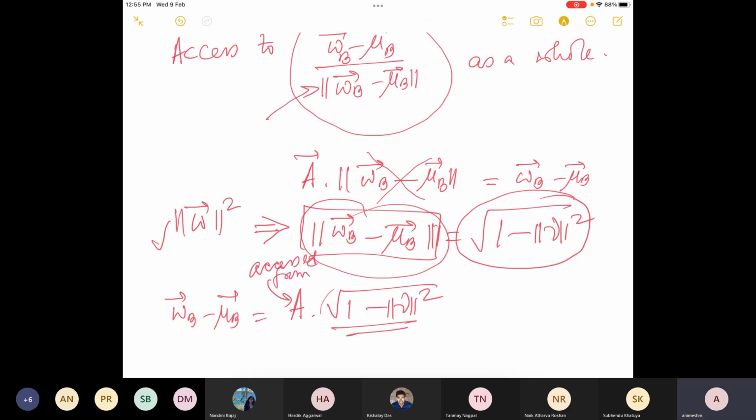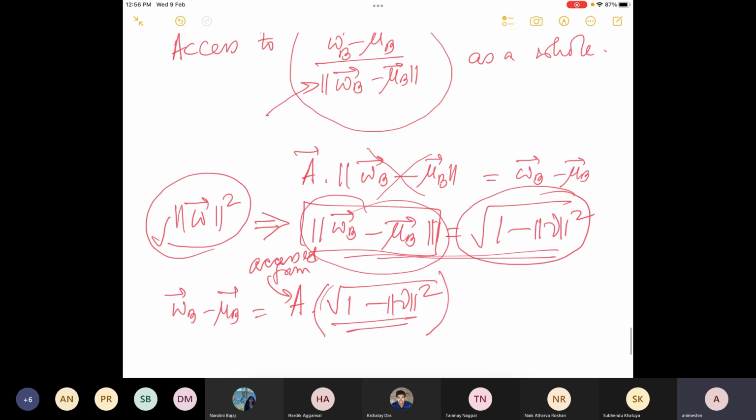So I have access to only the normalized vector. I do not have access to what it is getting normalized with, and I do not have access to the original vector. So the way to recover the original vector from the normalized vector is to multiply it with the square root of 1 minus norm of nu square, because I have proved that in order to maintain the norm of W square to be 1, I need this constraint to be satisfied.